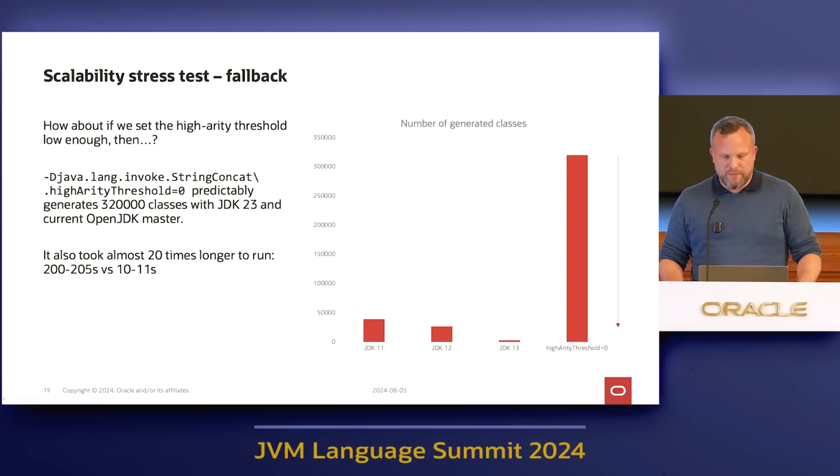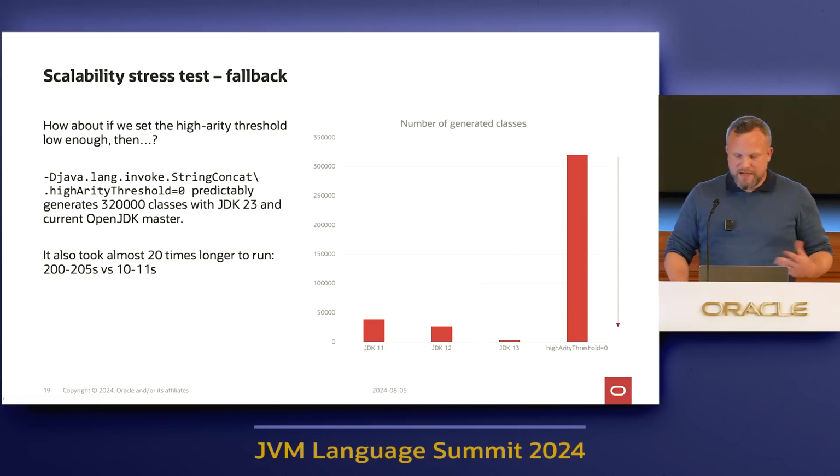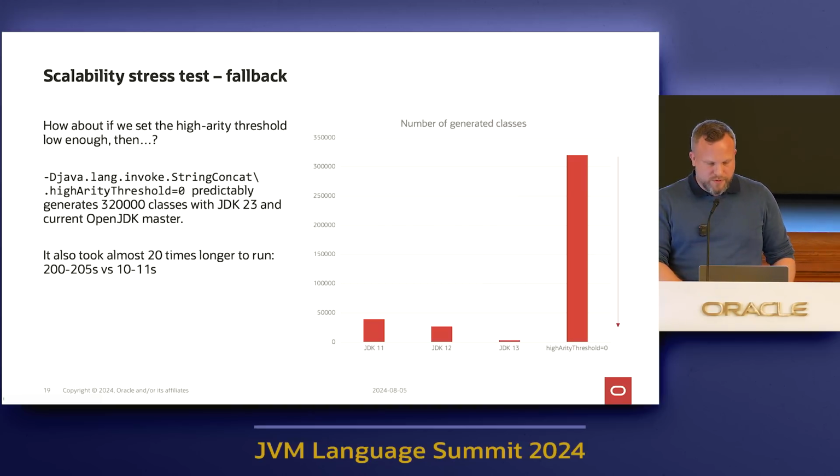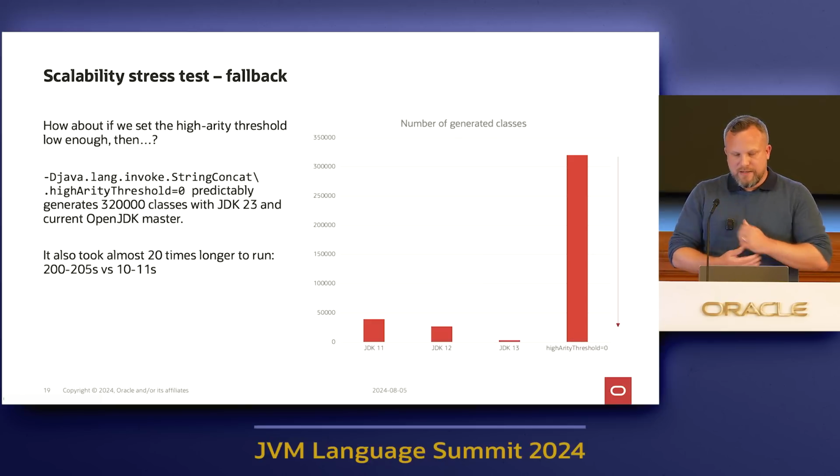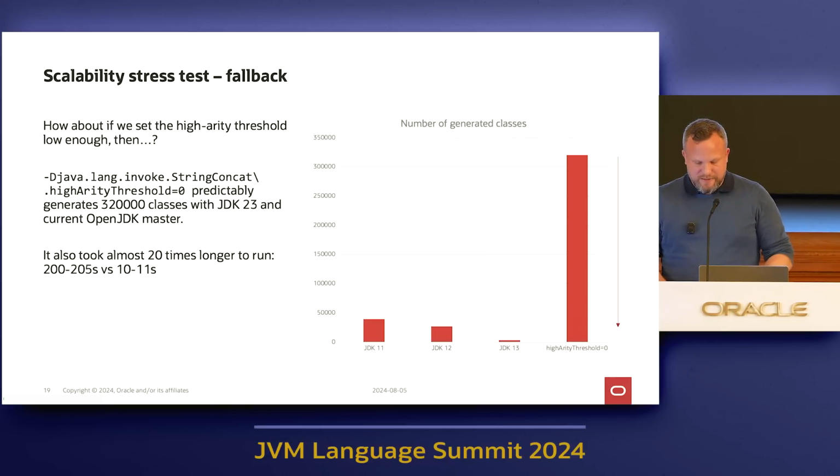So if you have 320,000 string concats, you will get 320,000 classes. And this test that runs in 10 seconds on most of the baselines now runs in 200 seconds. So the workaround works nicely for high-arity expressions, but now we're looking for solutions to a couple of problems, to kind of marry these solutions.